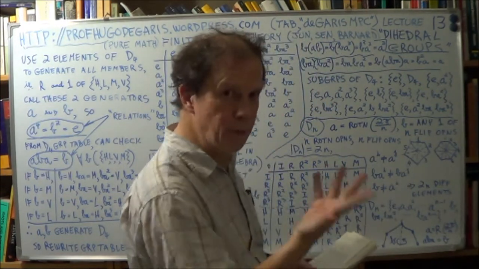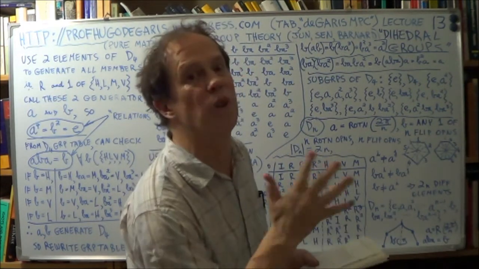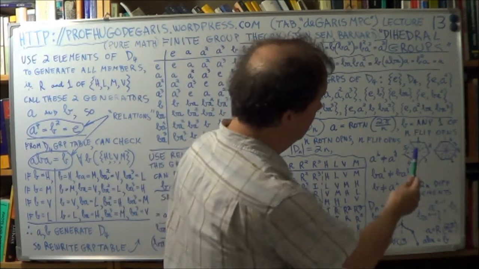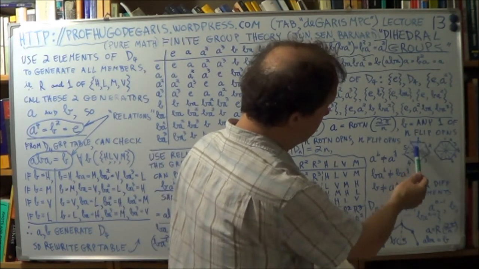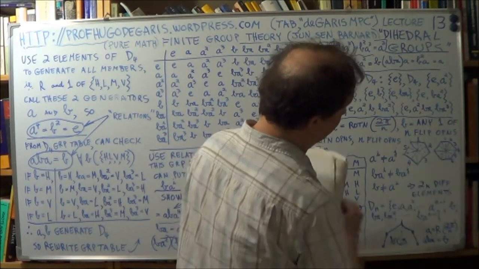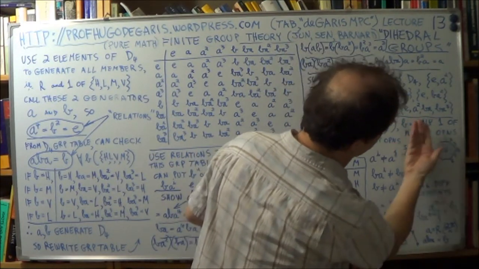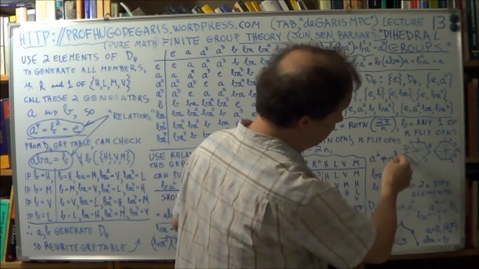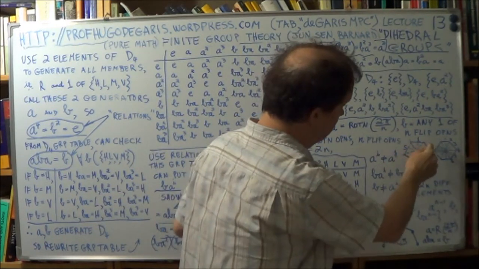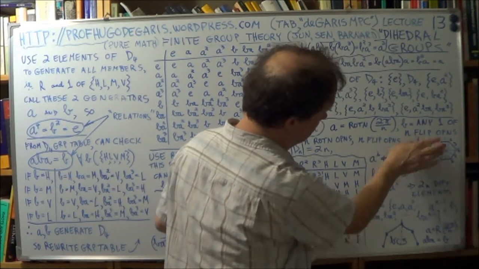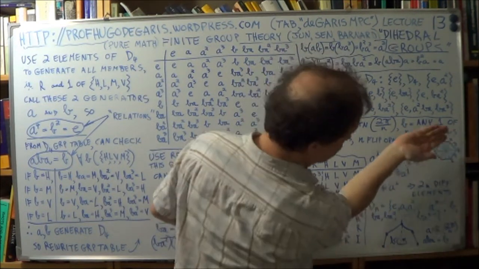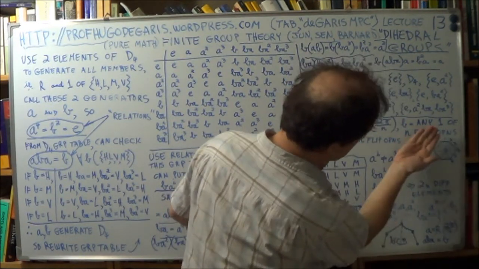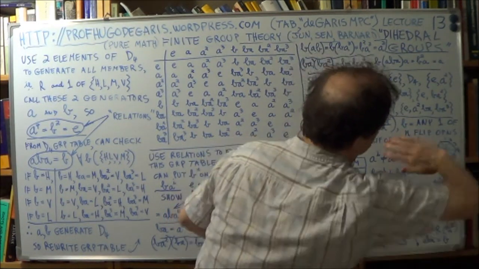Let me make that sound plausible, at least say for the pentagon. Now we're talking about the flip operations, the dihedral, two-faced type operations. One symmetry operation would be to flip about this axis 1. Another for the pentagon would be to flip about this axis 2, and 3 and 4 and 5.